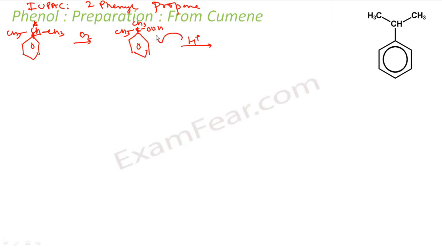H plus will attack this oxygen here. In fact, oxygen will attack this H plus because it has lone pair of electrons, and this is electron hungry. So what you get is something like this. C, CH3, CH3, C, O, O.